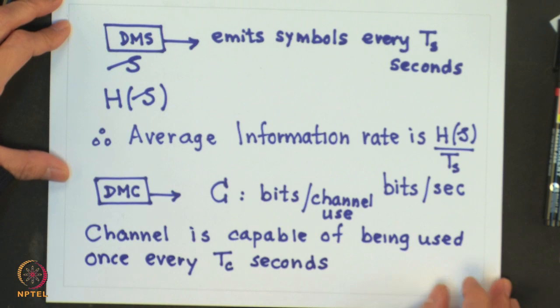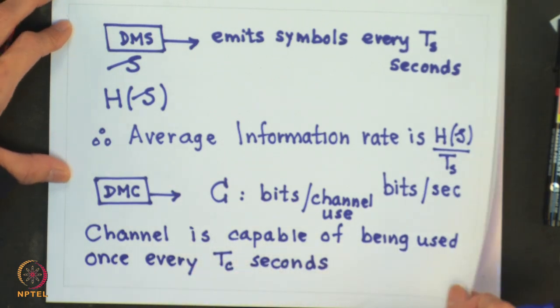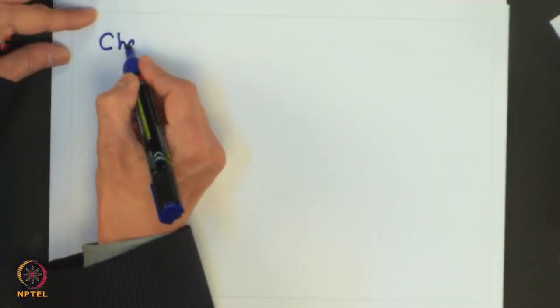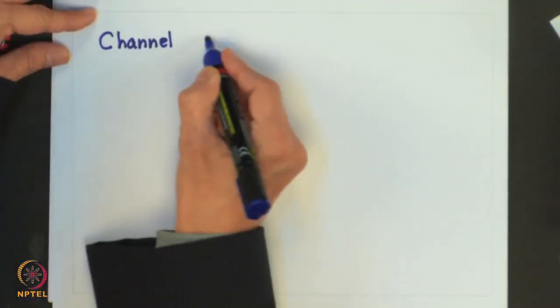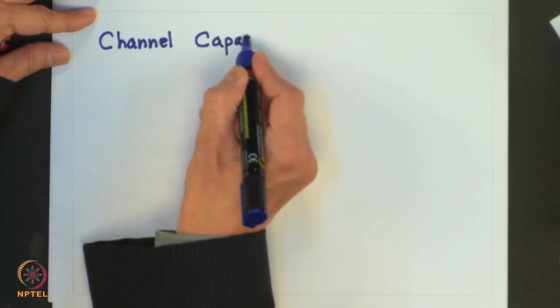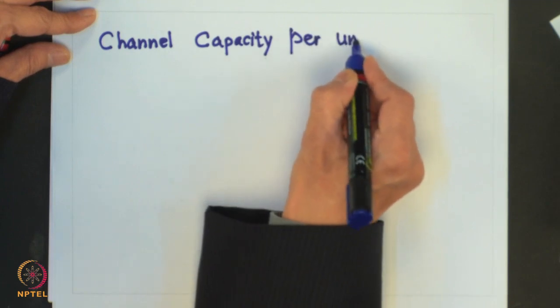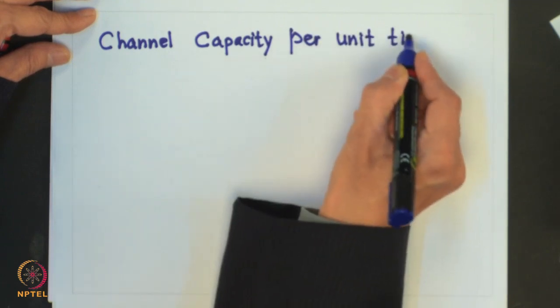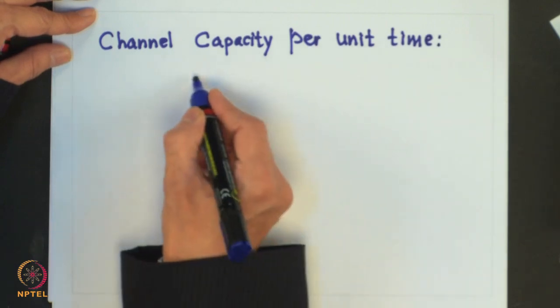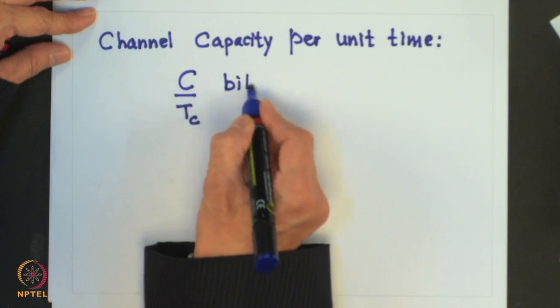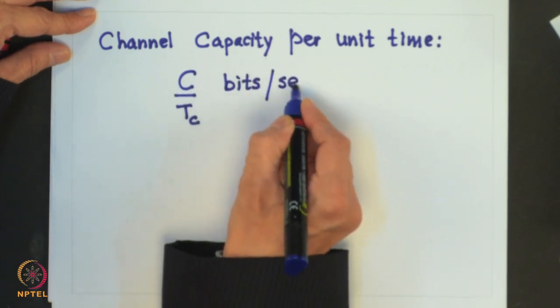Okay? So, if this is the condition, then I can define my channel capacity in terms of unit time as follows. So, channel capacity per unit time would be given by C by Tc bits per second.